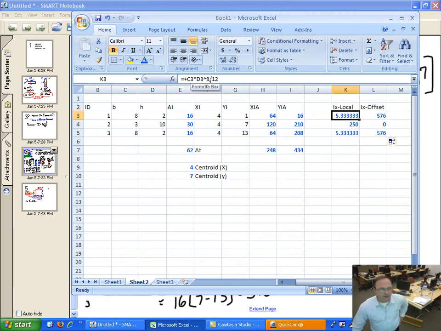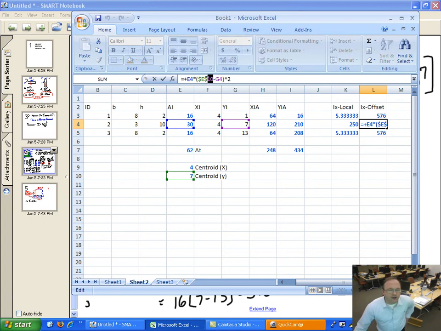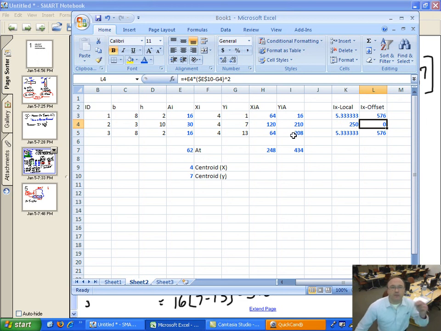C3, D3 went to C4, D4 because it was a relative reference, a local reference, not a global reference. E3, G3 went to E4, G4, but this did not go to E11. It stayed E10 because we fixed it to that cell.